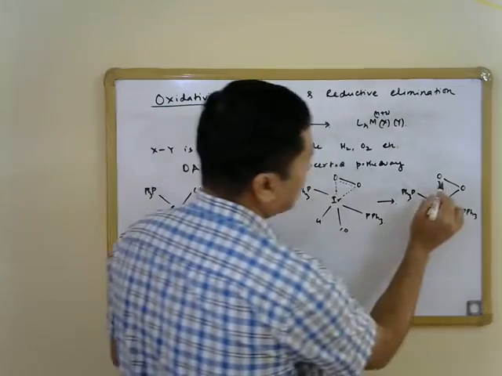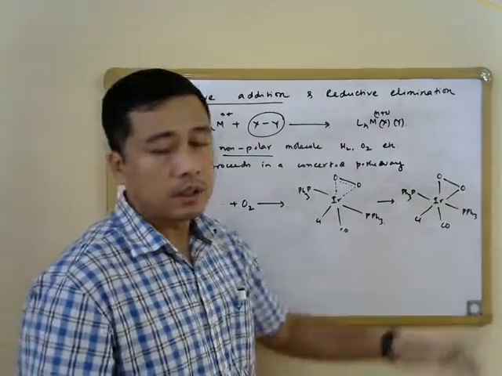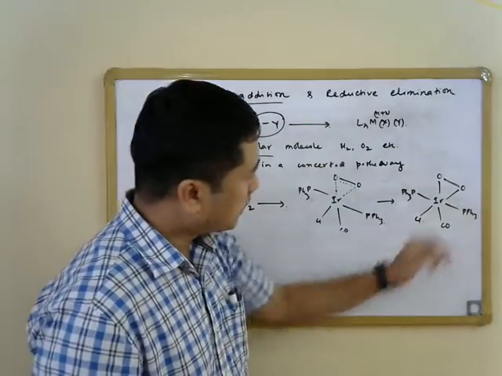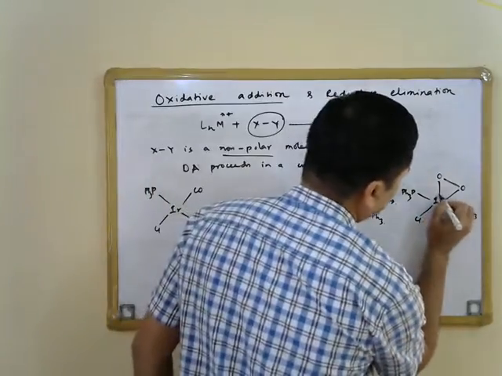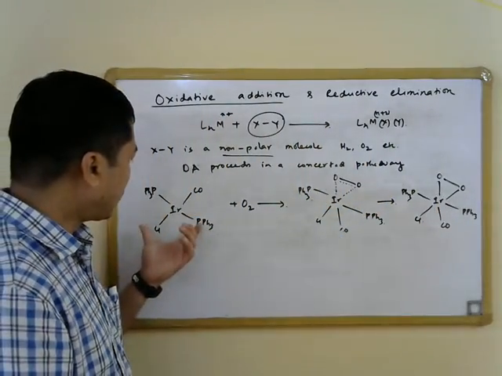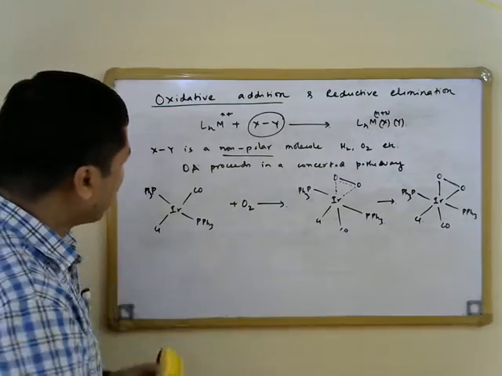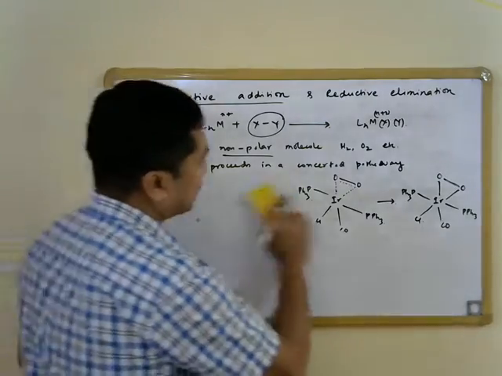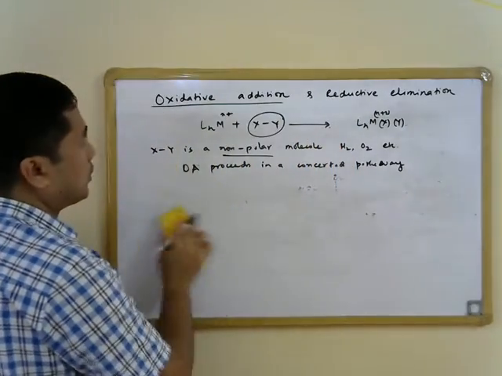So one of the bonds remains intact between the oxygen and oxygen here in the product, and we end up with this sort of a product when we do oxidative addition reaction of Vaska's complex with dioxygen in this way.